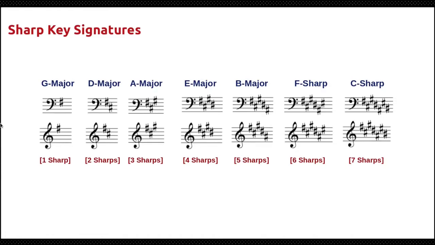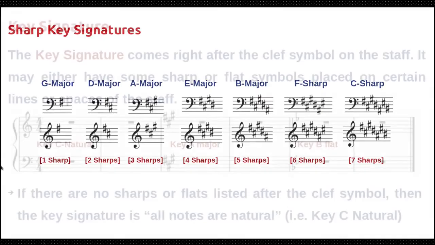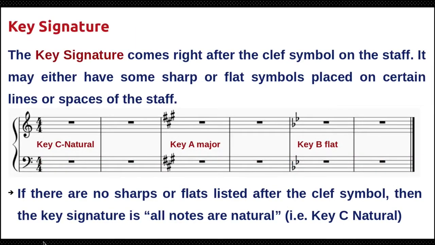So I've just brought out the key signatures of all the sharp keys. All these keys are indicated with sharp symbols, starting with G. If we go through the circle of fifths, the first member is C natural. The C natural has no key signature. It's just natural, as we have seen here.